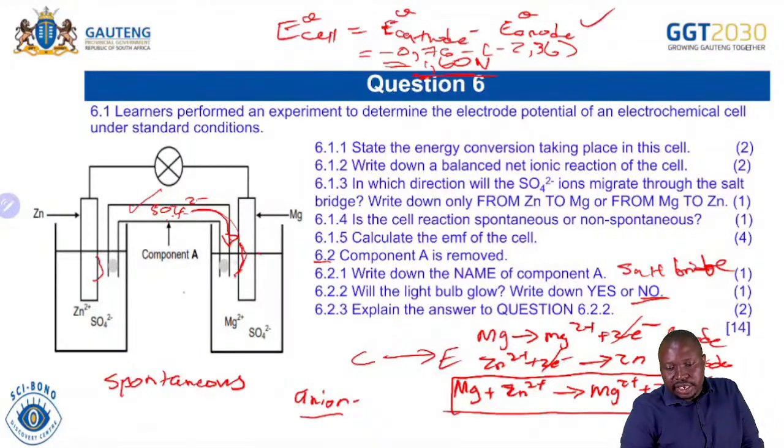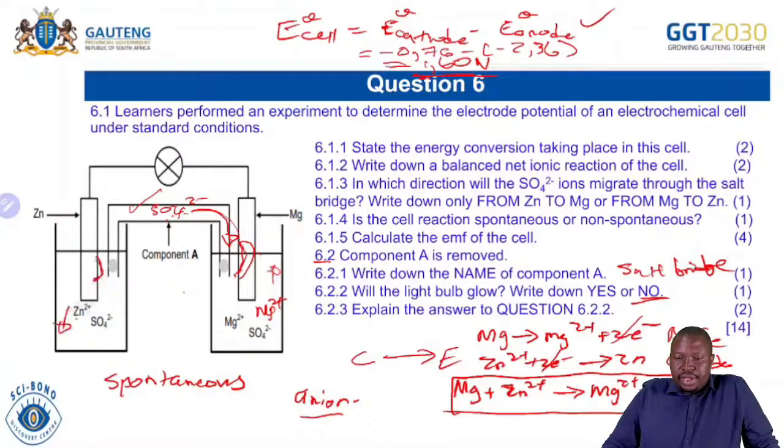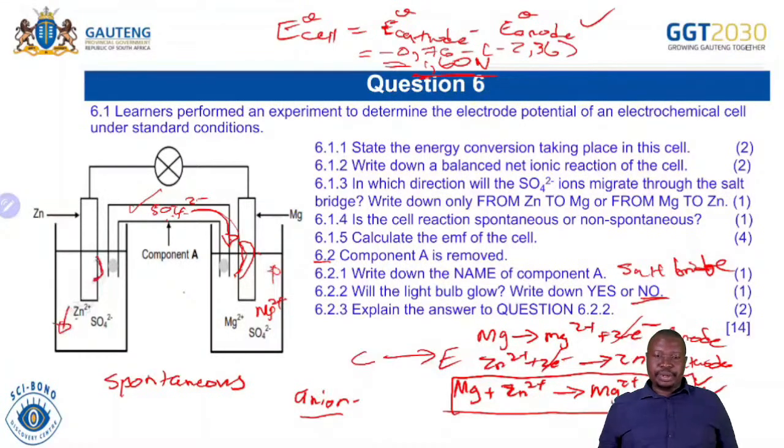And the side where the anode is decreasing in mass, you must know that its solution, which in this case is Mg2+ solution, will increase. The concentration of the electrolyte will increase. On this side, because it's busy gaining electrons and it's increasing in mass, the solution will decrease. So I would like to say these are the things that you must take care of and remember all the time as you prepare for your paper.